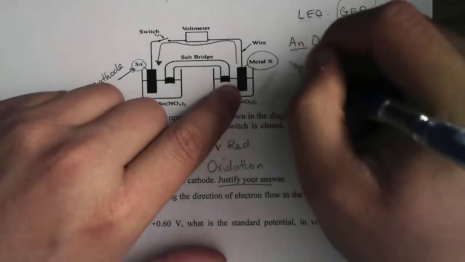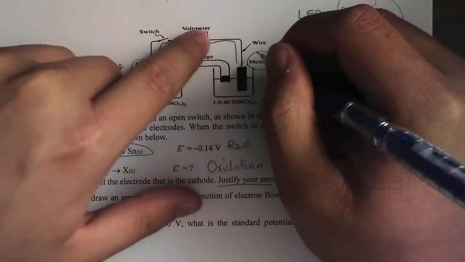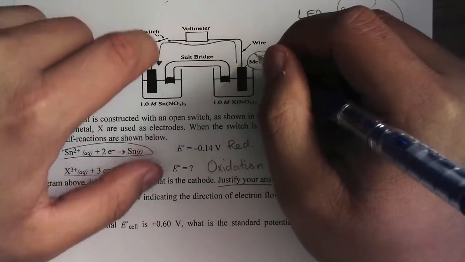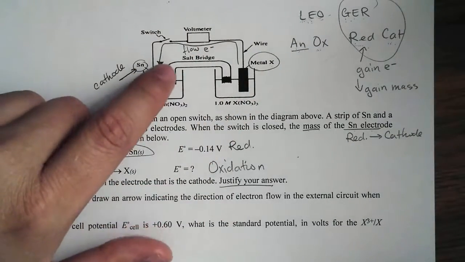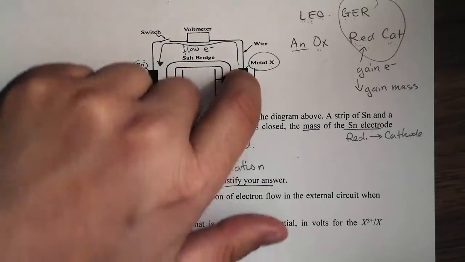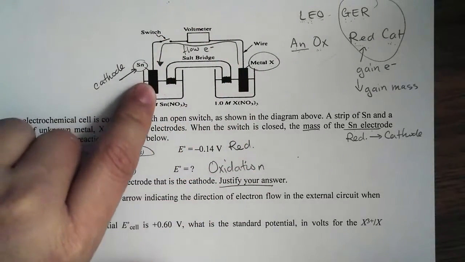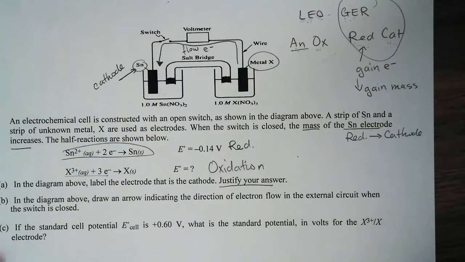Electrons are lost in this electrode right here, and flow through the wire, ending in the cathode, which is where reduction occurs. So this is the flow of electrons, starting from where they are lost and continuing to where they are gained in the reduction electrode, which is the cathode. For this answer, you can just write: see diagram above.